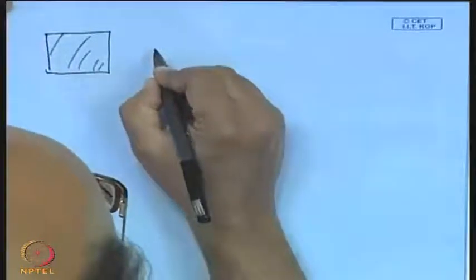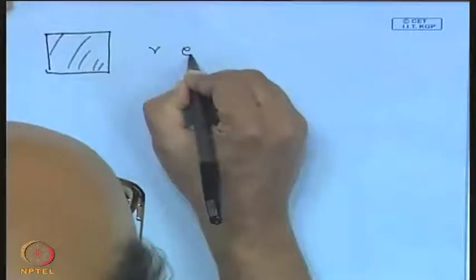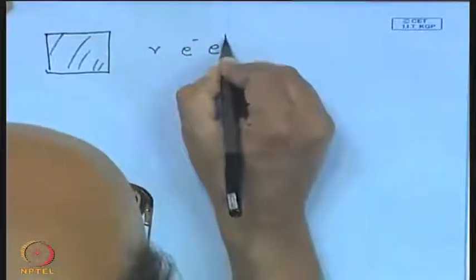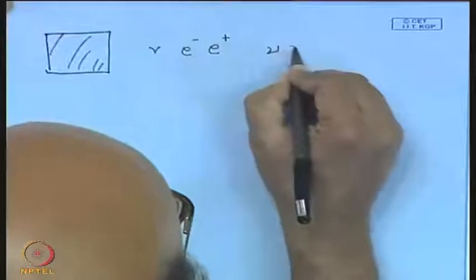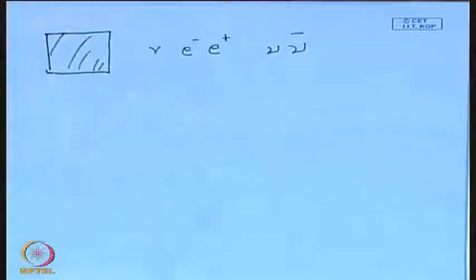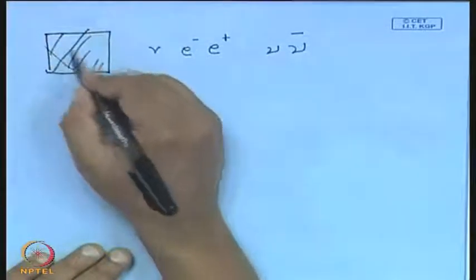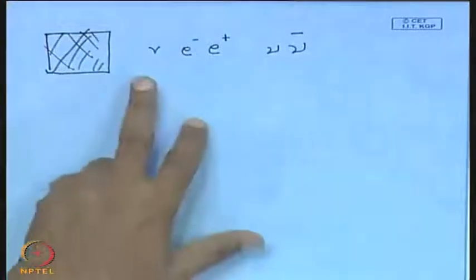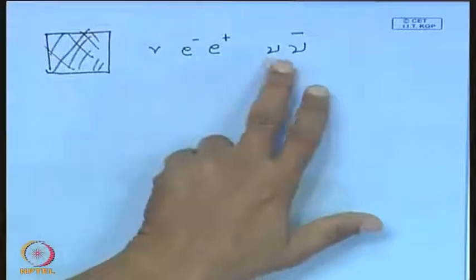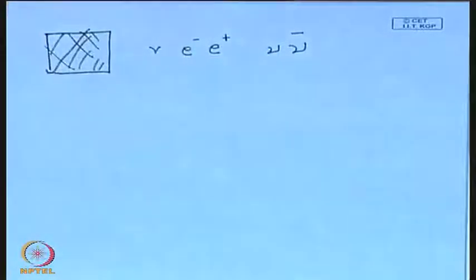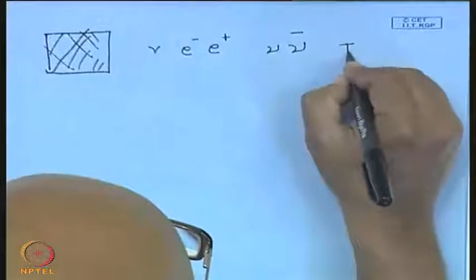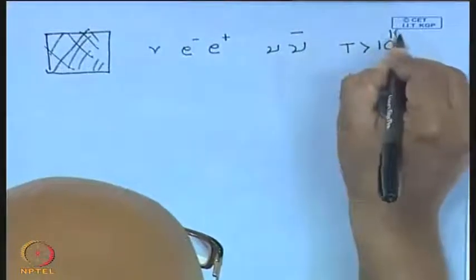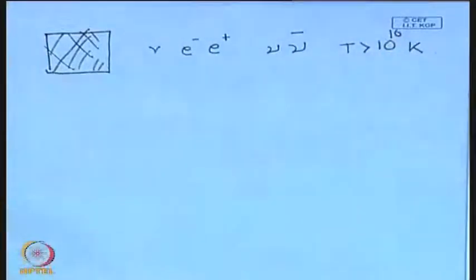So we have the photon, electron, positron, neutrino and antineutrino, all in thermal equilibrium, and they are described by the respective occupation numbers, and we can work out what the contribution to the energy density from each of these is, and this is at a temperature more than 10 to the power 10 Kelvin.